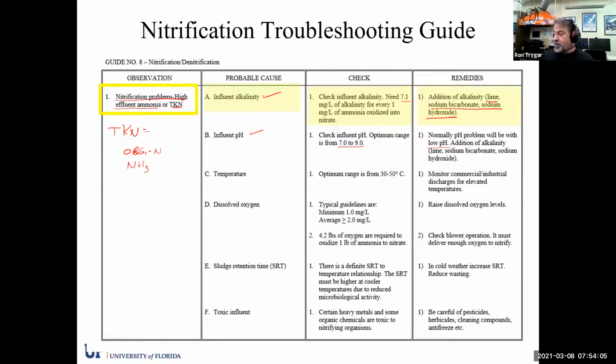The temperature, we said temperature plays a big part. I do want to mention here that the optimum range is somewhere between 30 to 50 degrees Celsius. Now, if we're up around 40 to 50, we're going to start to have some higher temperature issues, but the optimum range is somewhere up around 30 degrees, and that's going to be a warm mixed liquor temperature.